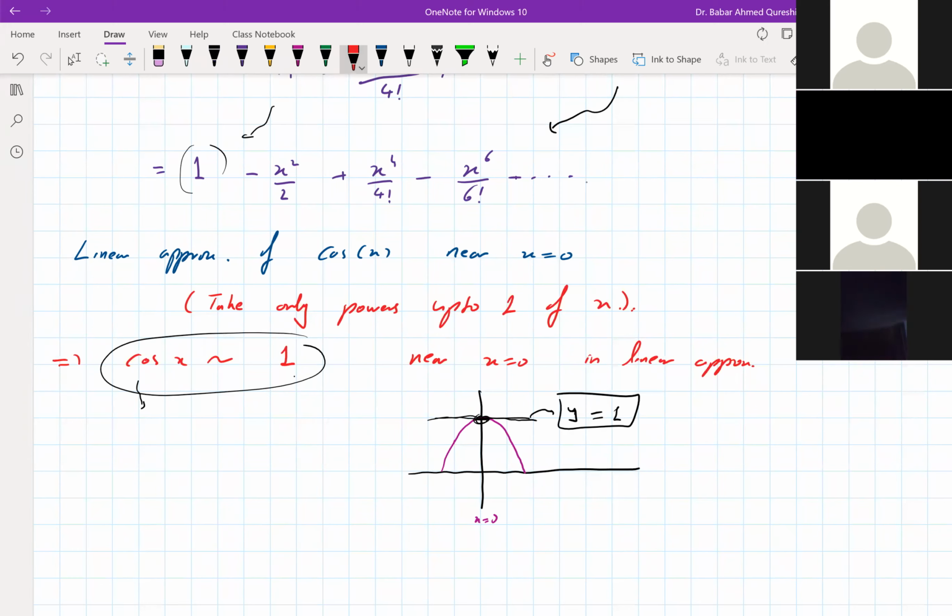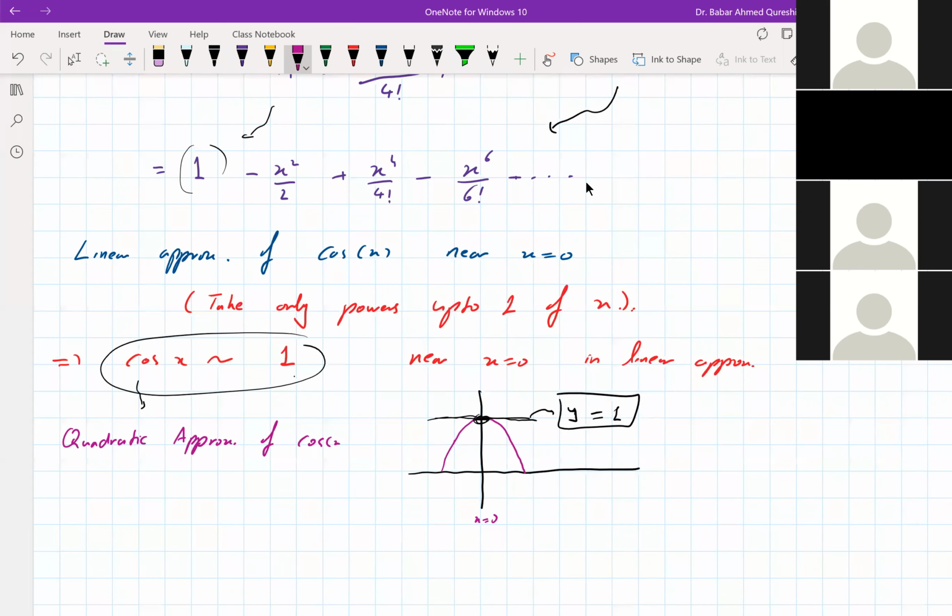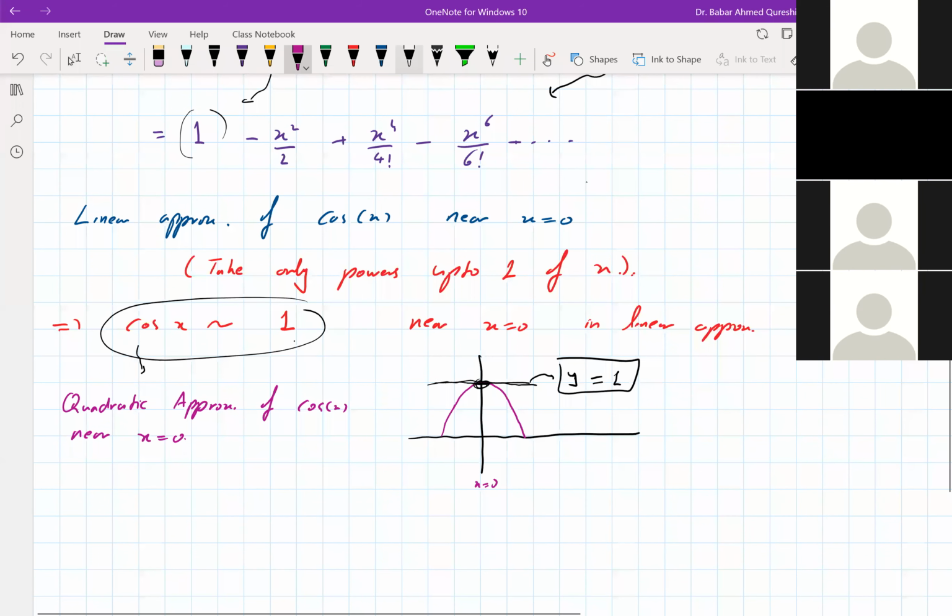If I write the quadratic approximation of cosine near x is equal to 0, then I have to include up to second power of x.